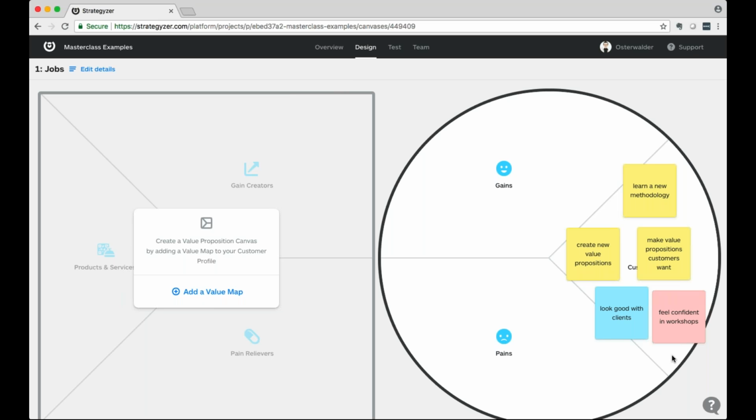It is look good with their friends because I'm in the best bank that only takes the wealthiest customers. Or it could be completely different. An emotional job, oh, I want the excitement of being able to invest in startups. So what's really, really important is, in any case, business to consumer or business to business, to go beyond the functional jobs and think about social jobs and emotional jobs, or supporting jobs, which might be more about purchasing, support, etc., etc.